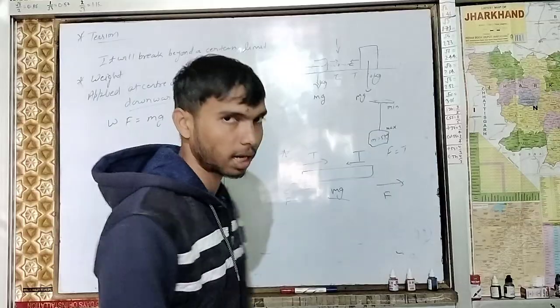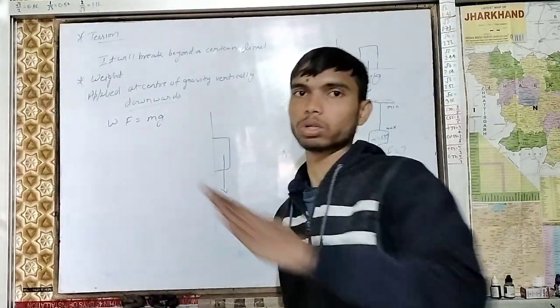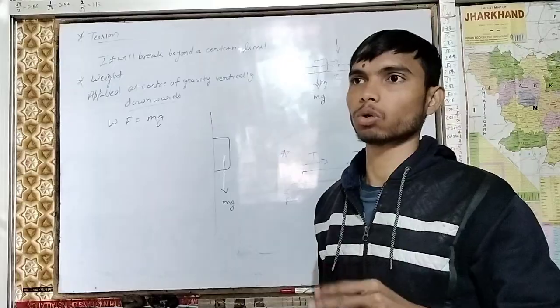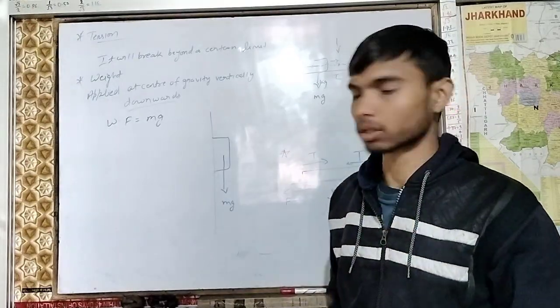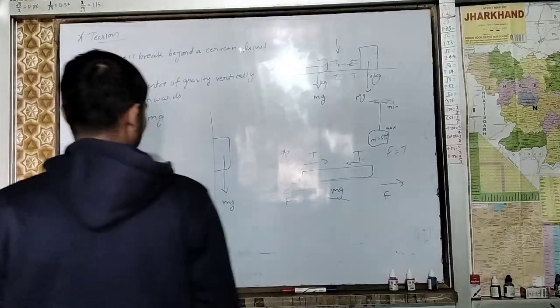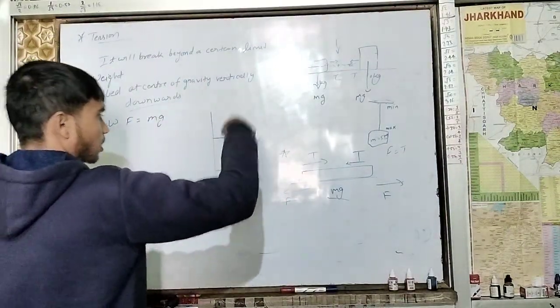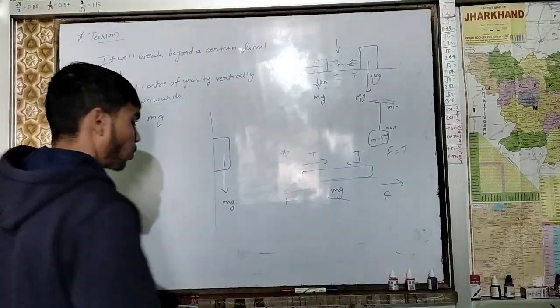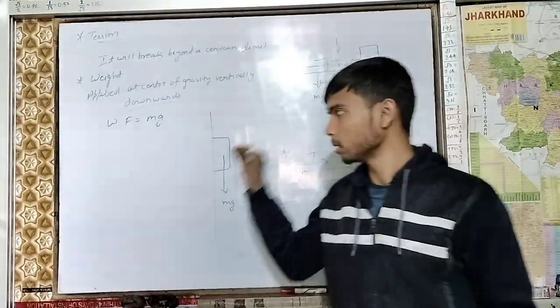Remember, mg is always downward. Weight force is always downward, not horizontal, not at any angle. It will be straight downward. For every object, mg will be downward.